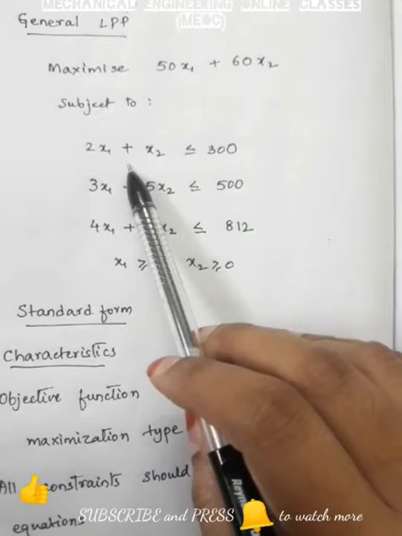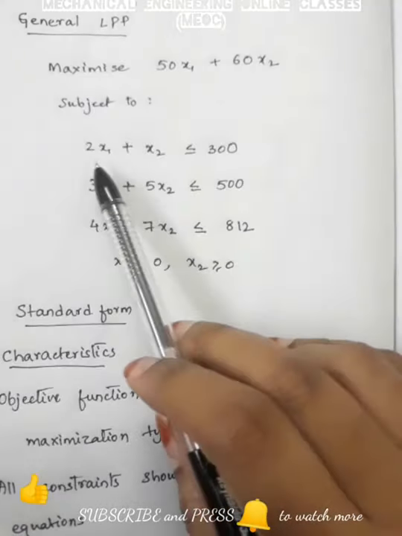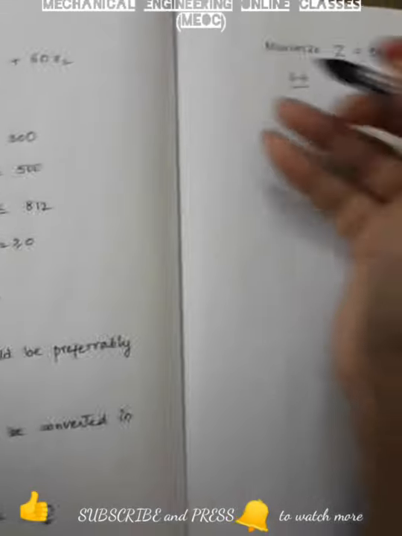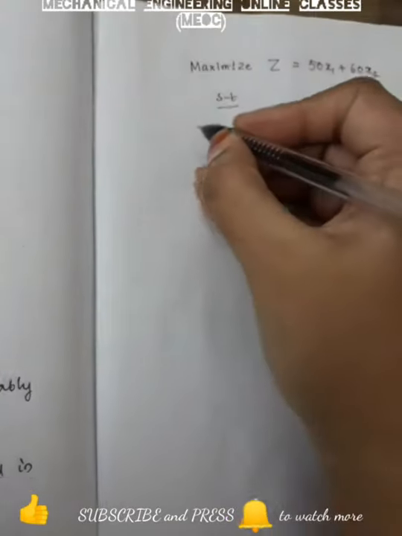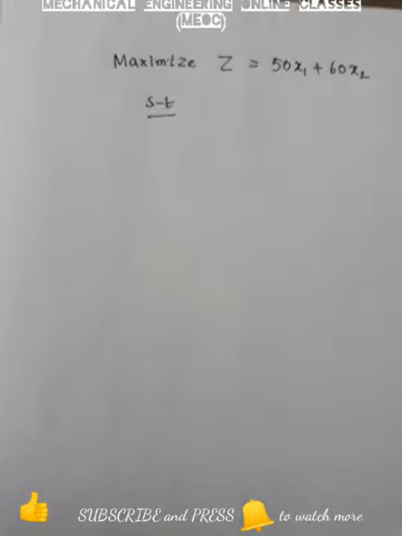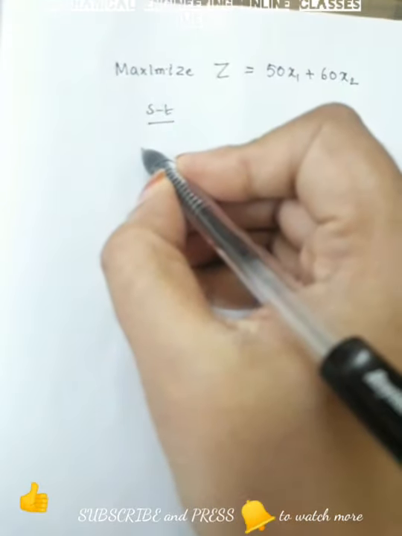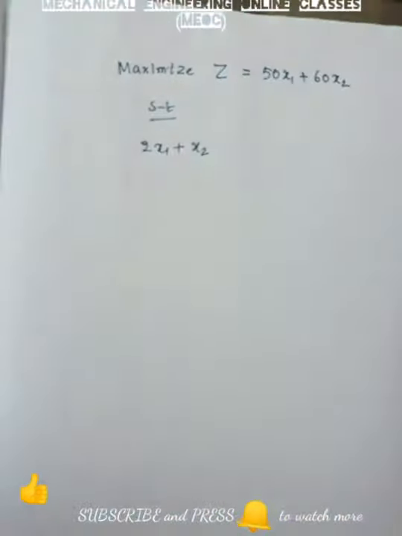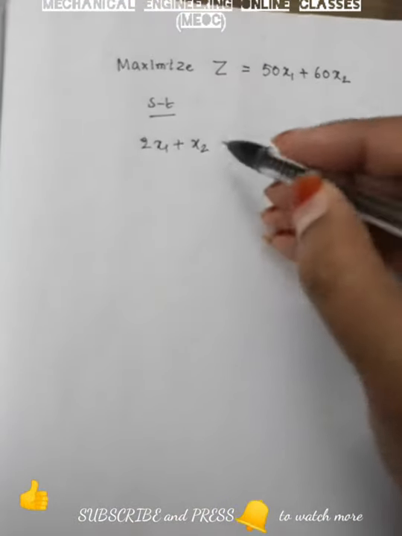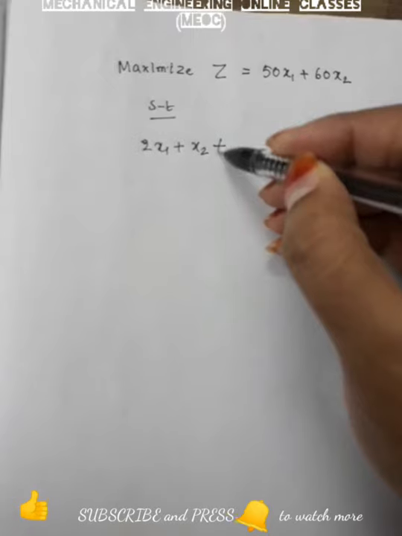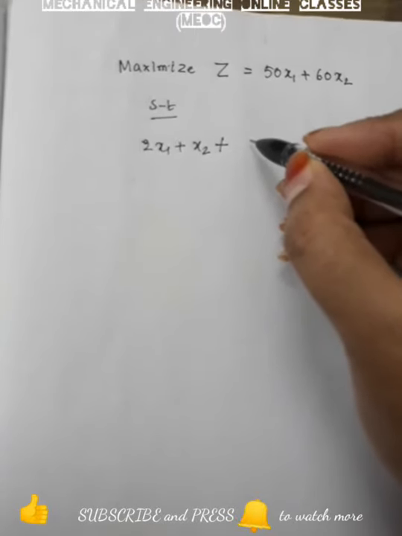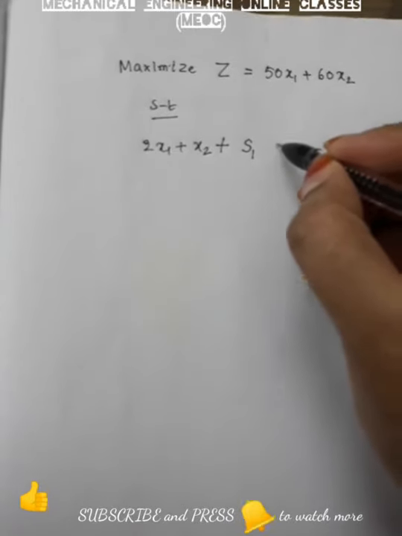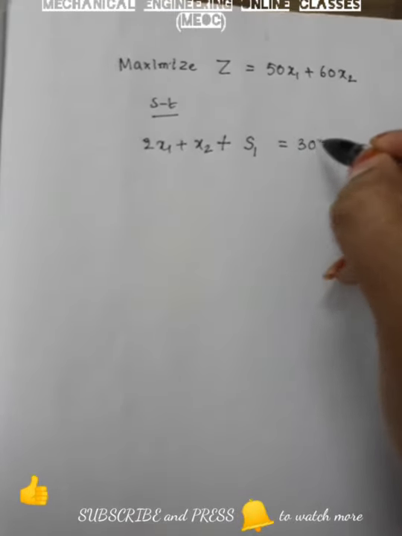In order to make LHS equal to RHS, I am adding one variable, one quantity, on the left hand side. So it is 2x1 plus x2 plus one quantity, which I am assuming as S1, is equal to 300.